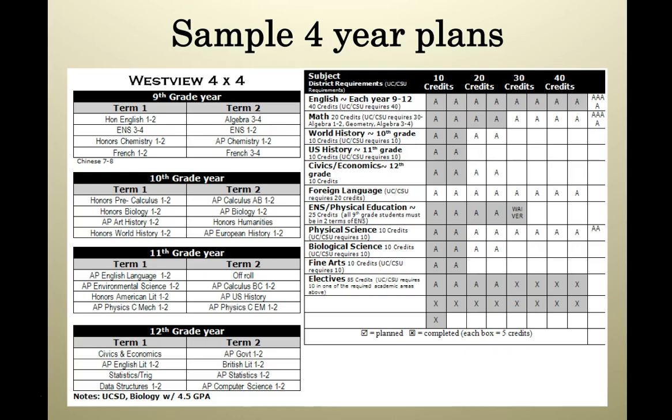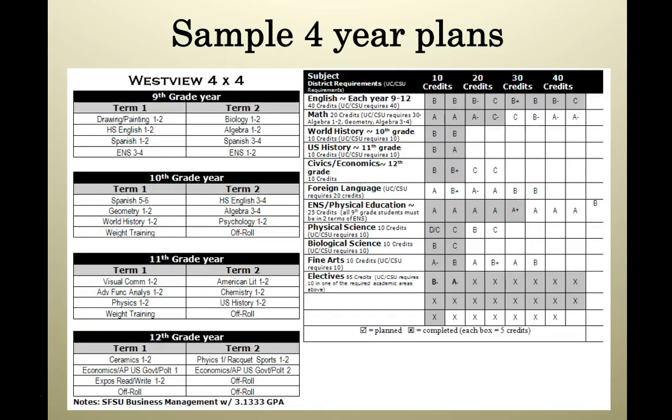This student attended UC San Diego, majored in biology, and completed Westview with a 4.5 GPA. This student attended San Francisco State University, majoring in business management, and ended with a 3.13 GPA.